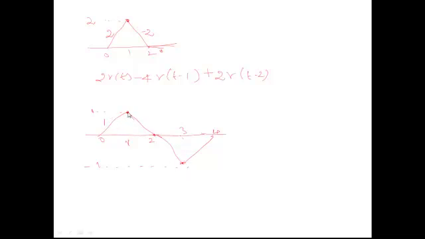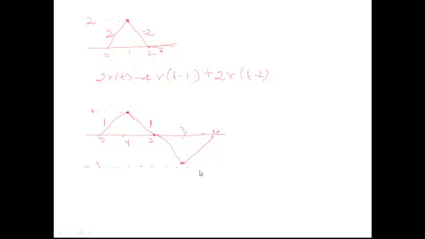Therefore, for your slope, you can see what is the dy change. Dy is 1 to minus 1. So the dy difference is 1 minus of minus 1, which is equal to 2. In the x direction also, this place is 1, this place is 3. So 3 minus 1 is 2. So 2 divided by 2, the slope is 1.